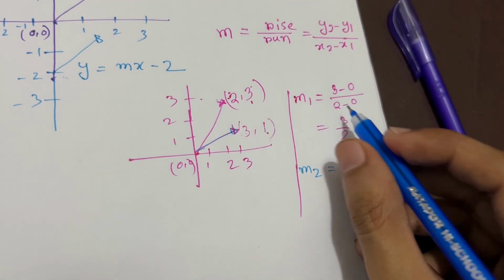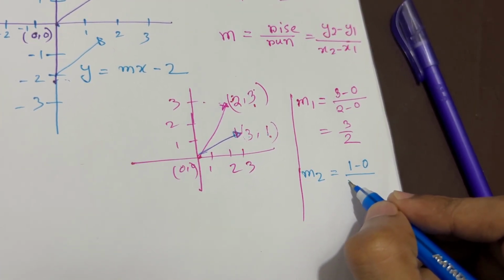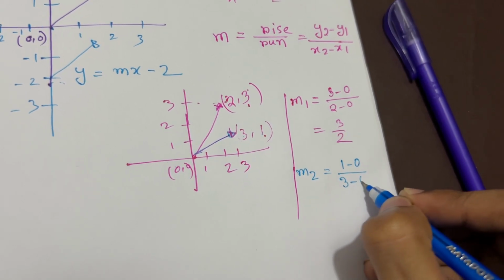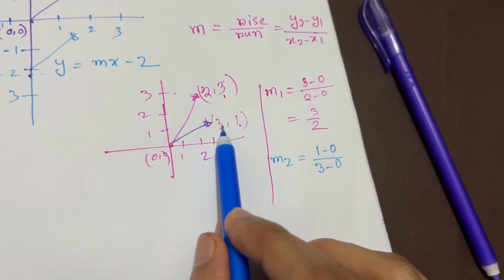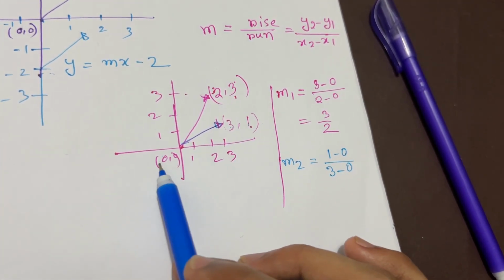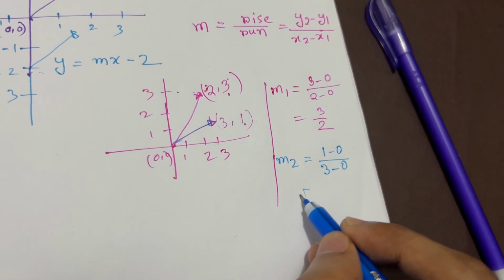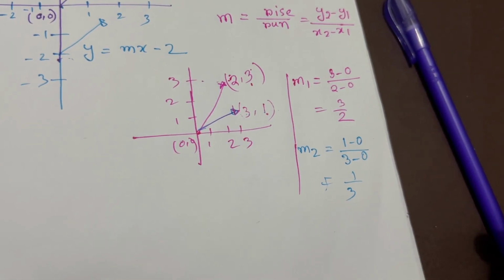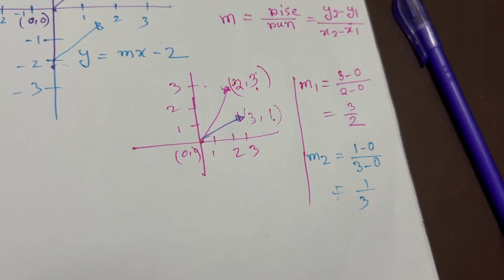So y2 minus y1 on the upper side, and x2 minus x1, which is 3 minus 0. So what is the result? 1 by 3. So which one is bigger?